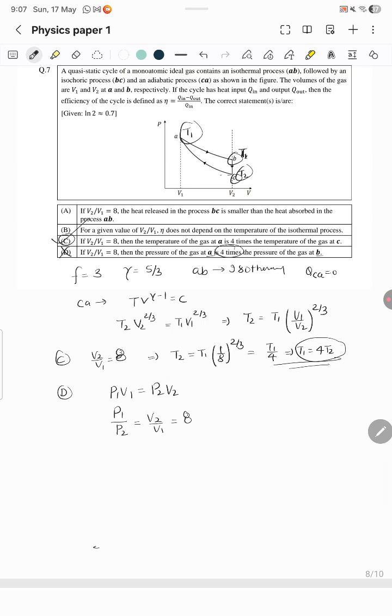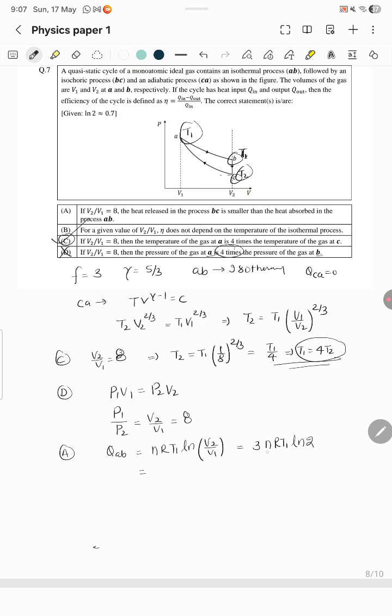So they are talking about heat absorbed in process BC, and heat released in process AB. So let's talk about option A. Option A, QAB. First of all, AB is an isothermal process, so we'll say nRT1 ln V2 by V1. And if V2 by V1 is 8, we'll get 3 nRT1 ln 2.